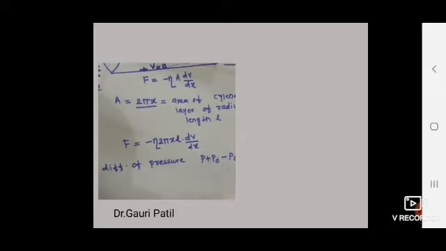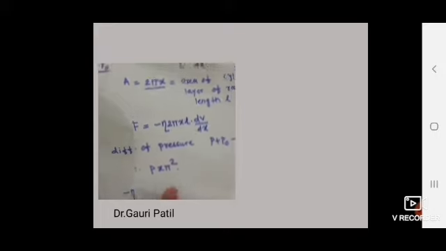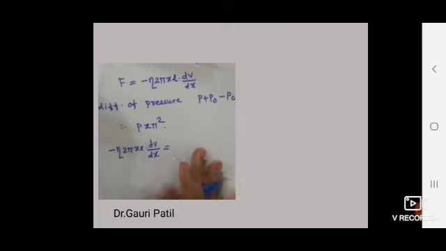Then the force due to this pressure difference on the liquid cylinder of radius x is equal to P pi x square. Therefore we can write minus eta 2 pi x L into dV by dx is equal to P pi x square.